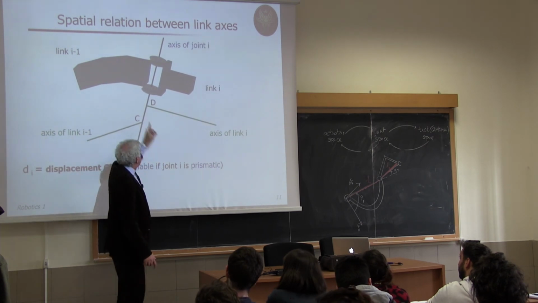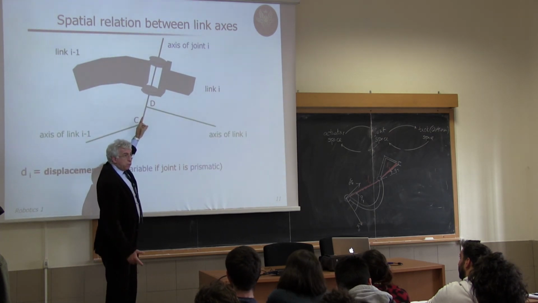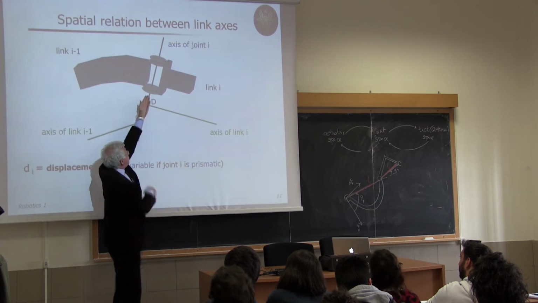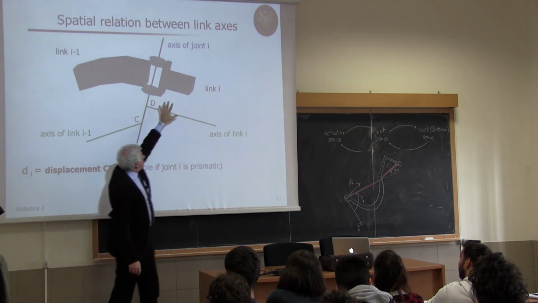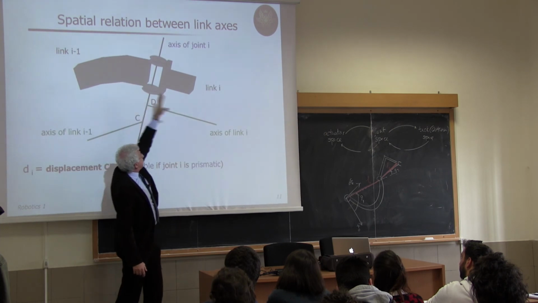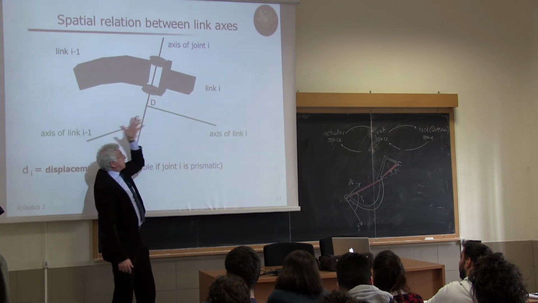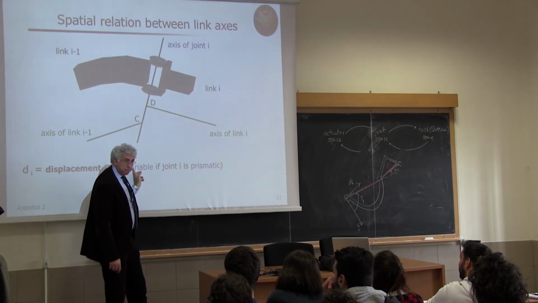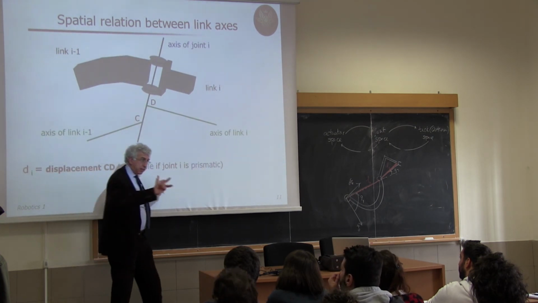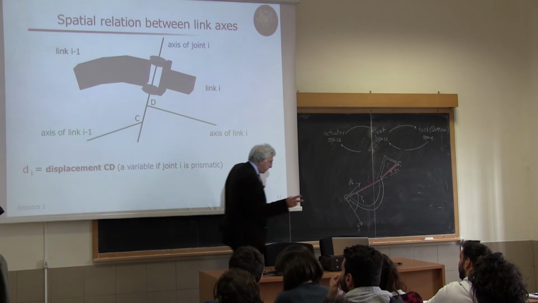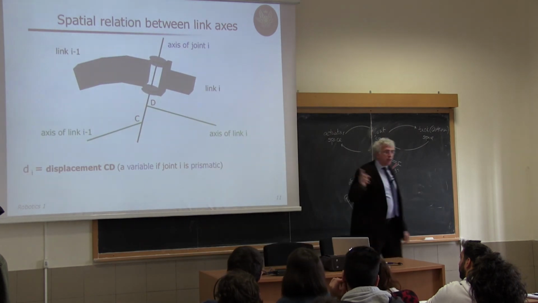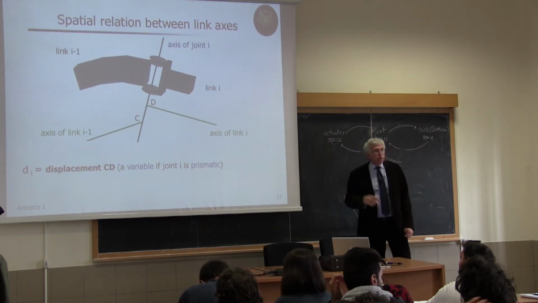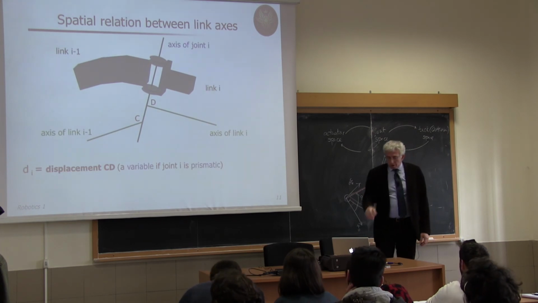Pay attention, if the joint is revolute, what we are doing is rotating around the joint axis. So this body will rotate around, and also this axis will rotate, but this point will not change. So this will be a constant. Depending on whether the joint is prismatic or revolute, this parameter will be constant or variable.